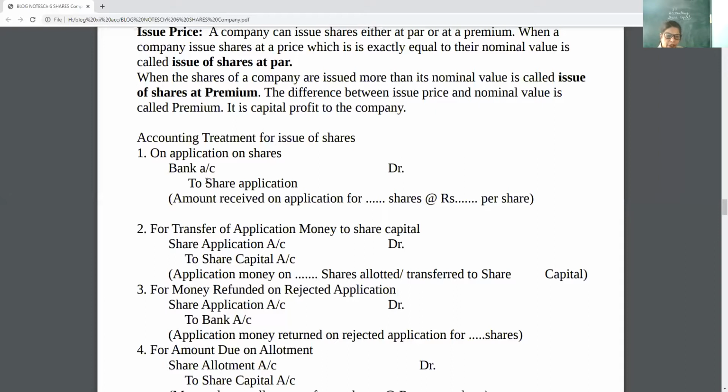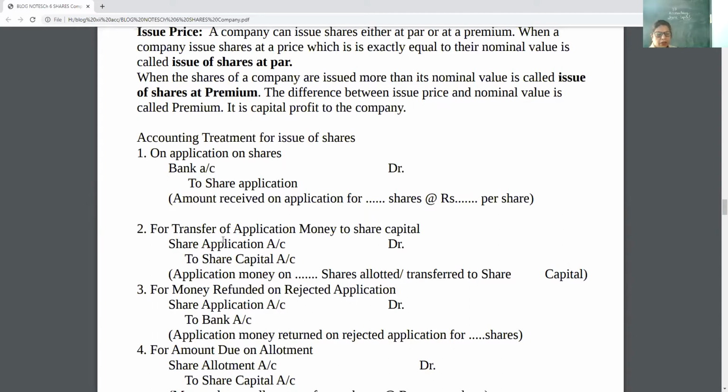You can write here equity share application account. Then this equity share application account debit to equity share capital account. Now you will just write the narration: transfer of application money. These are the two general entries.